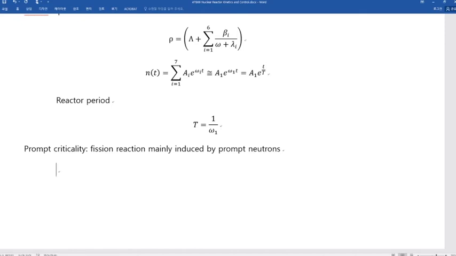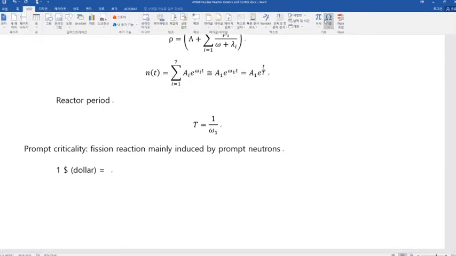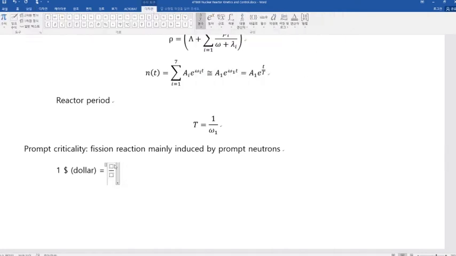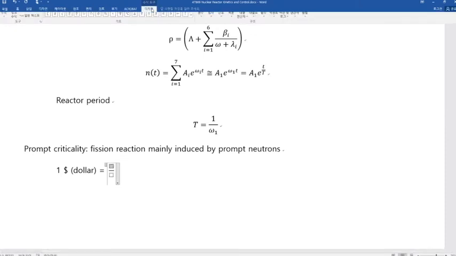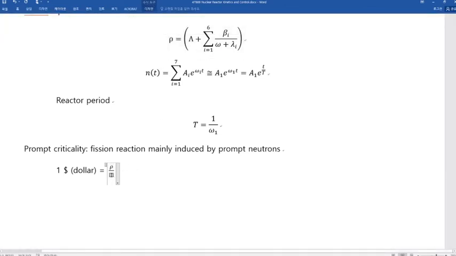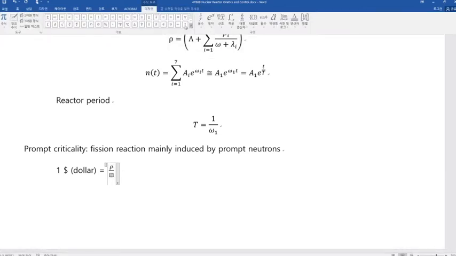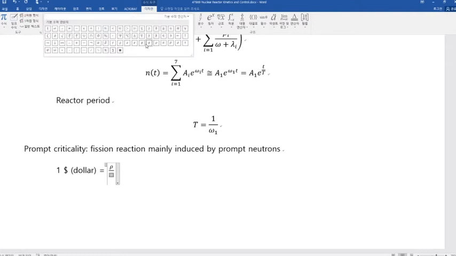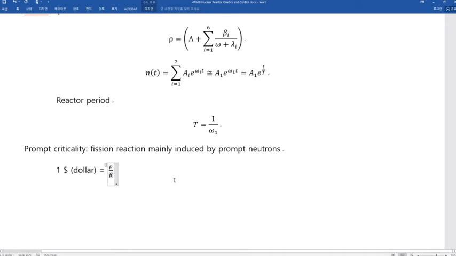So we are going to introduce $1 equals rho, the fraction of reactivity in terms of beta, the delayed neutron fraction.